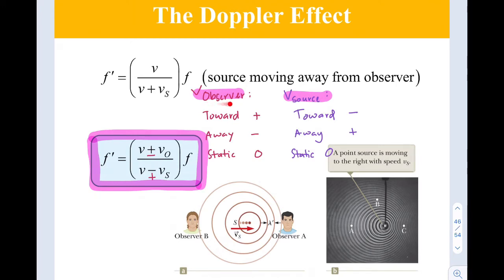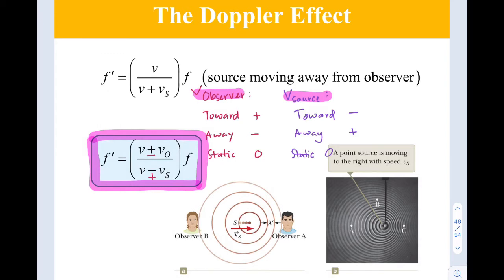Take a look at this. For the observer, if it is moving towards the source, since our relative motion is only between observer and source, it doesn't matter whether it is to the left or to the right. For v observer, if it is moving towards the source, you use a positive sign for its speed. If it is moving away, you use a negative sign.